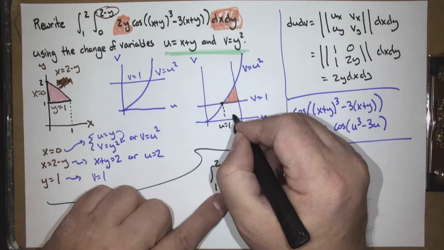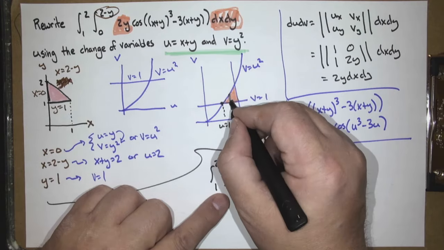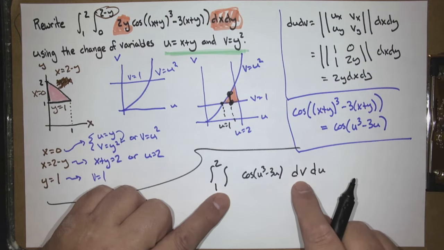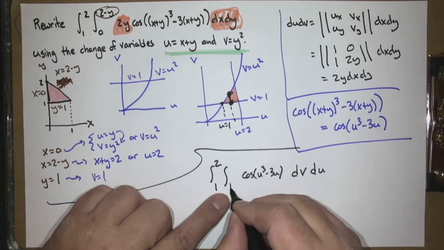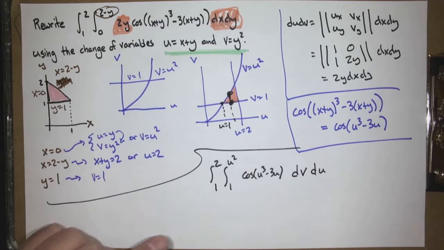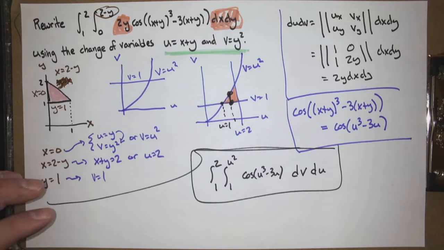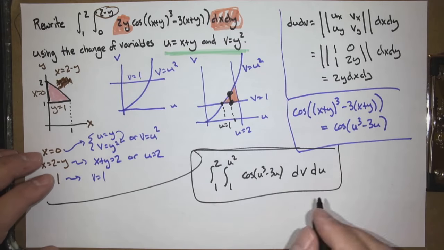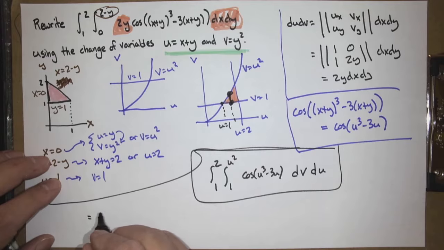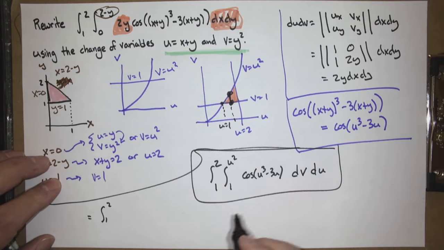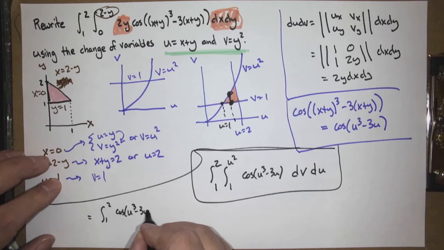Now, given a u, what does v go from? 1 to u squared. Okay, so you integrate this. This is the answer, but I want to finish the problem because we have a few minutes left. We do have one more thing to talk about, but we can finish this. This cosine of u cubed minus 3u just comes along for the ride.